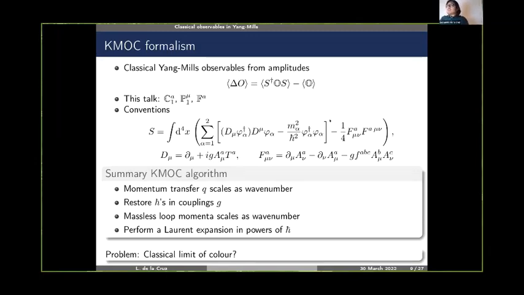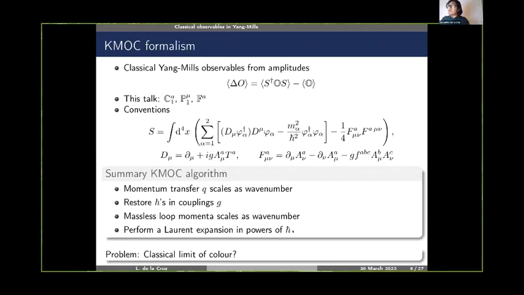So for this model, it seems that, well, I'm done, right? I can do the same. I can compute the amplitudes. I can use the same algorithm that I used for QED: the momentum transfer scales as a wave number, so there is an h bar coming in, I have to restore h bars and couplings, and the loop momentum also scales as a wave number.